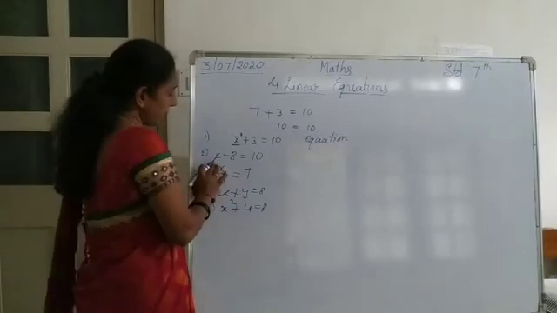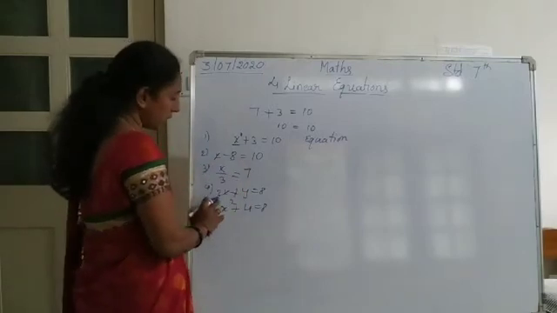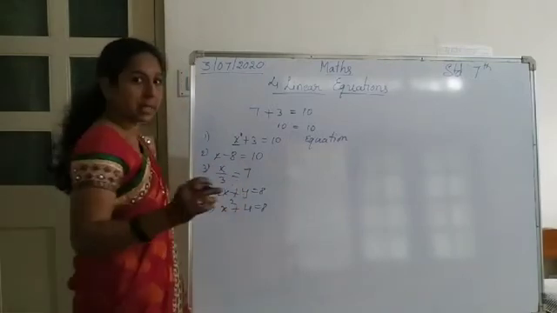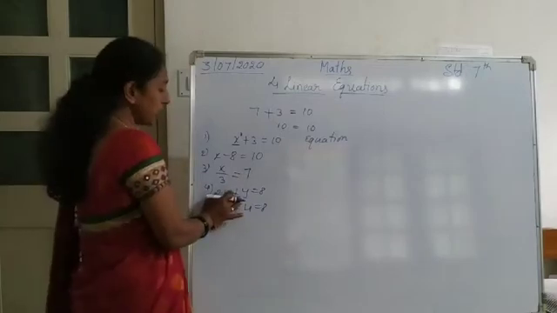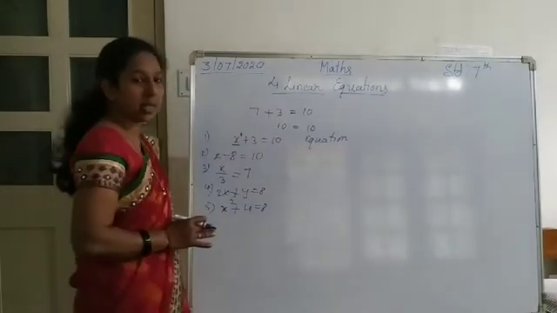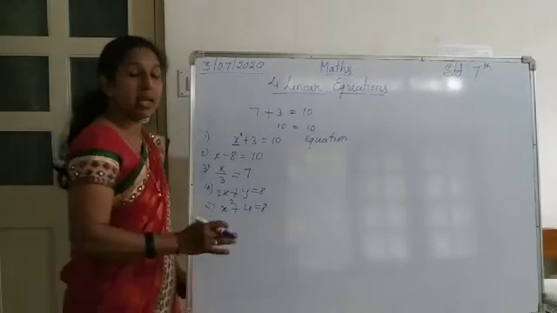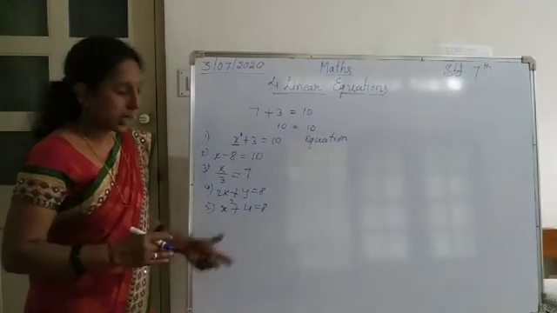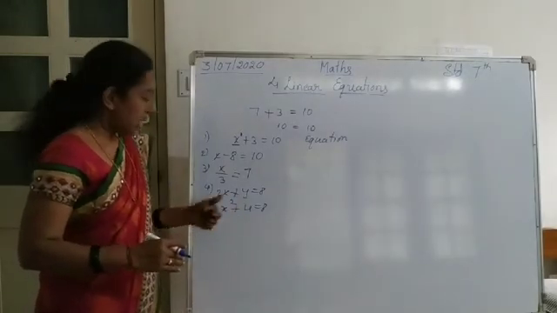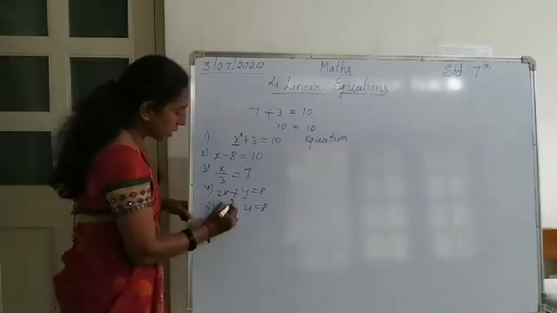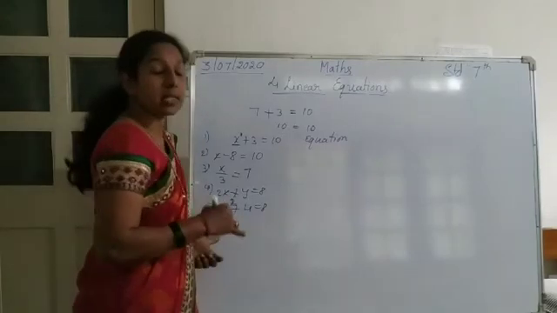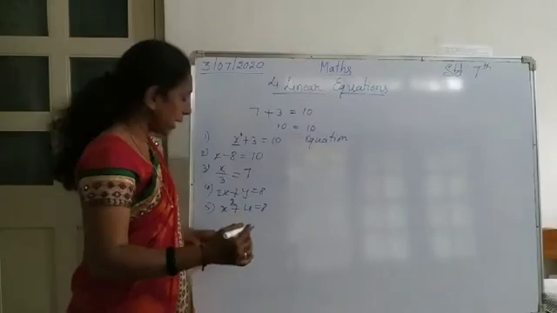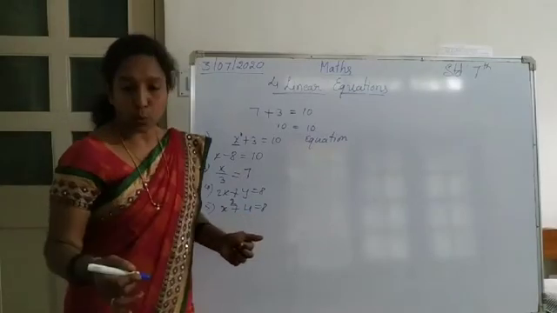In the same way here also 1, here also 1. Here, in 2x plus y, two variables are there, so this equation is not a linear equation. It is an equation, but it has two variables. And if you see here, x square is there, which means the degree of this equation is 2.